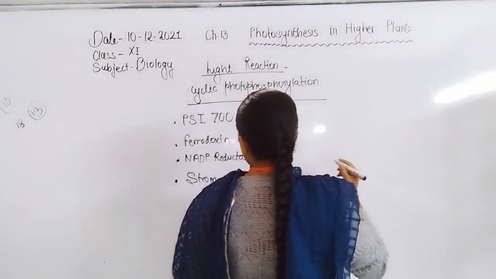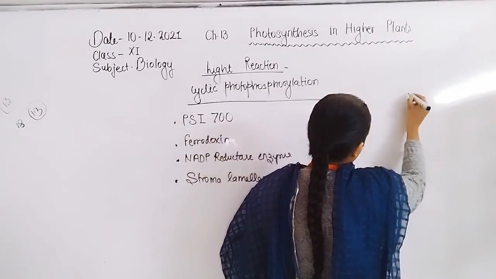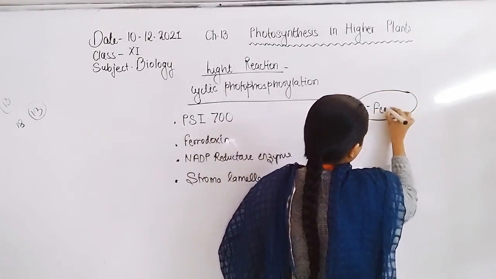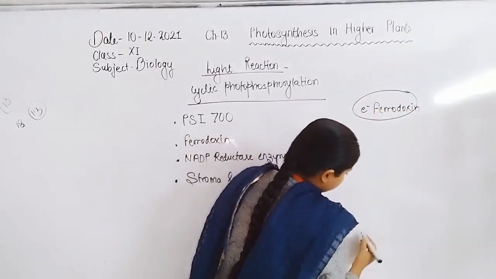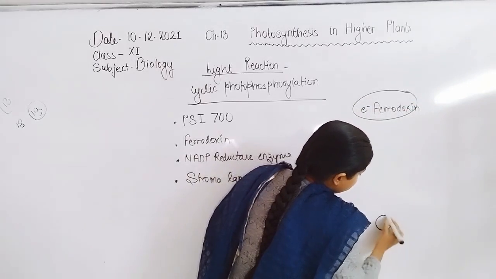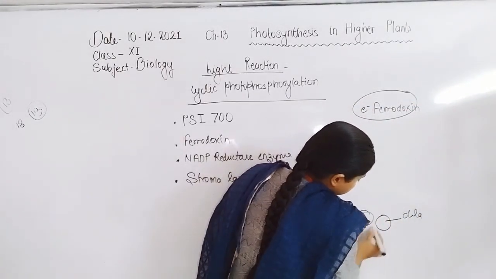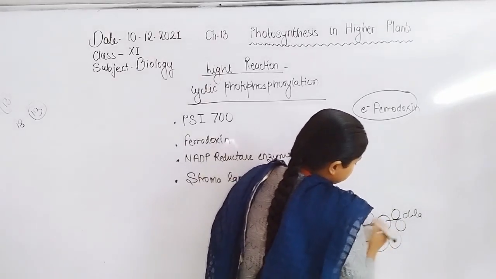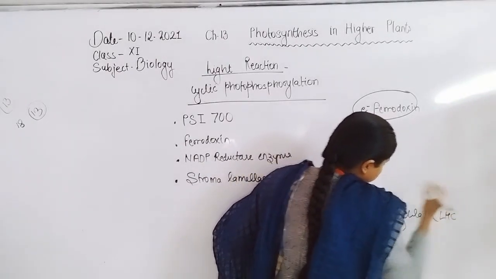The electron acceptor is ferredoxin. And here is the reaction center, which is formed by chlorophyll A, and the light harvesting complex together with the accessory pigments.